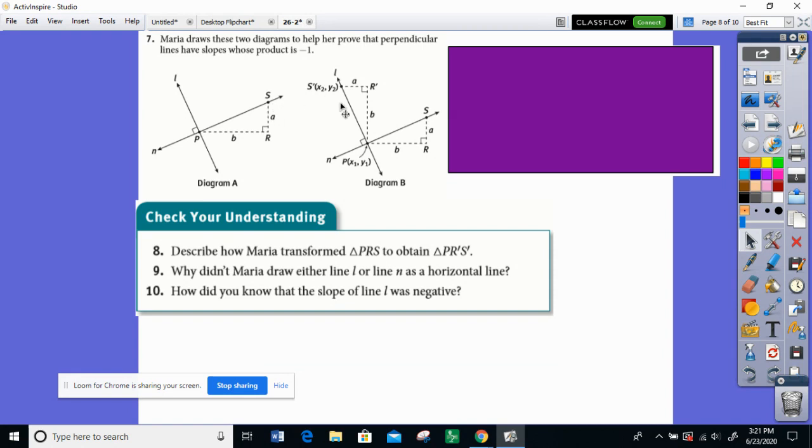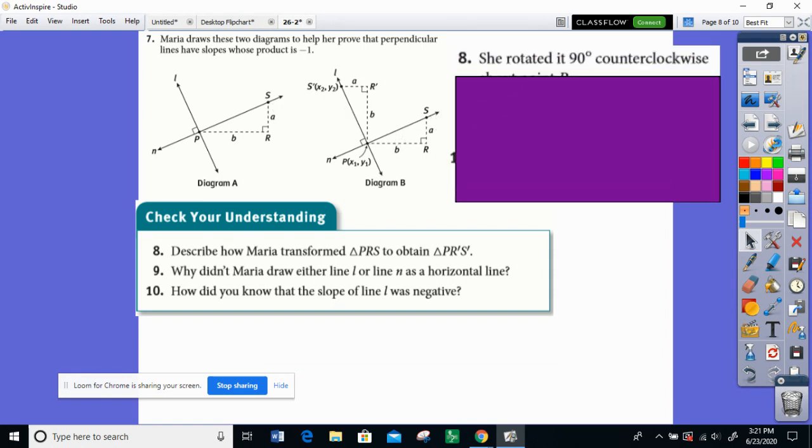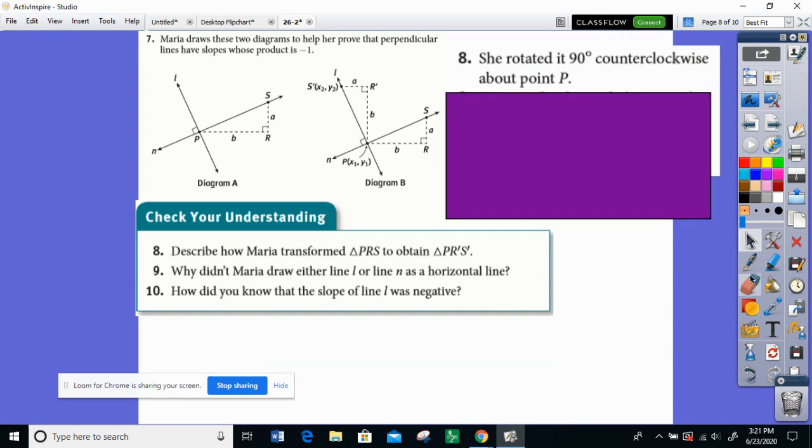Well, it looks like she did some kind of rotation, and since point P is the same in both of these triangles, that's the center of the rotation. And since she rotated it at a right angle and did it to the left, this is the opposite of the way that the clock would go, so that's 90 degrees counterclockwise.